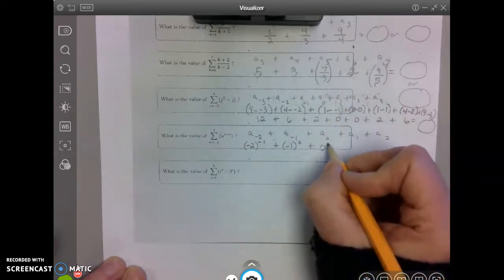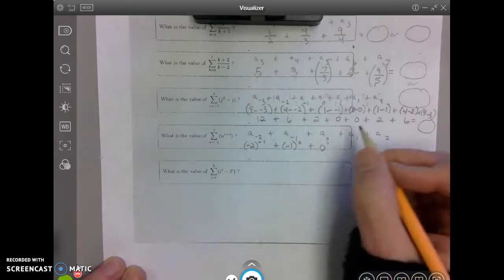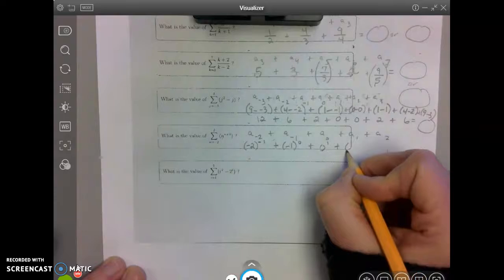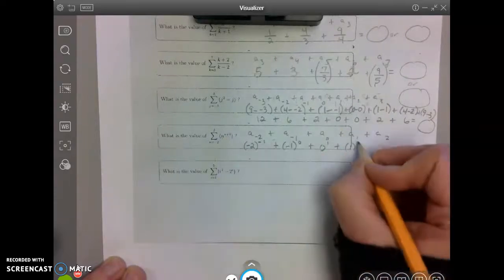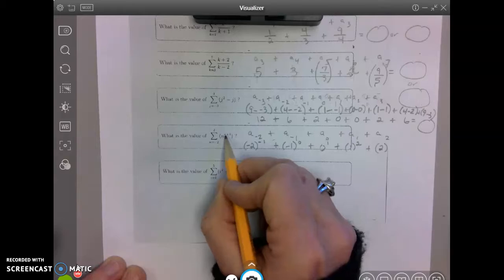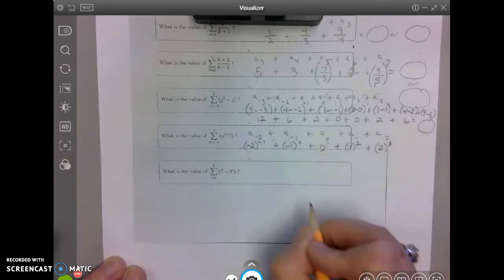Then I have 0 to the first, because 0 plus 1 is 1. 1 to the 1 plus 1 is 2. And then 2 to the 2 plus 1 is 3.